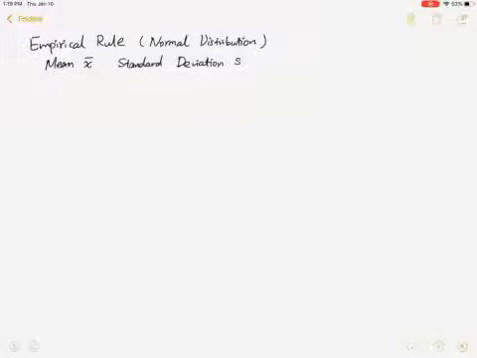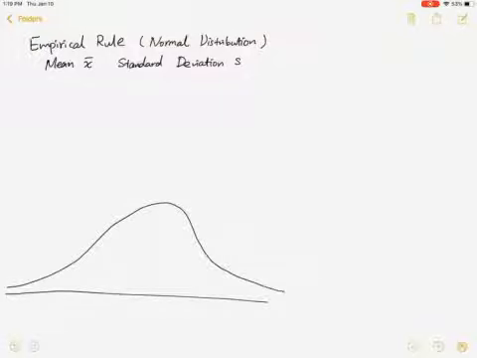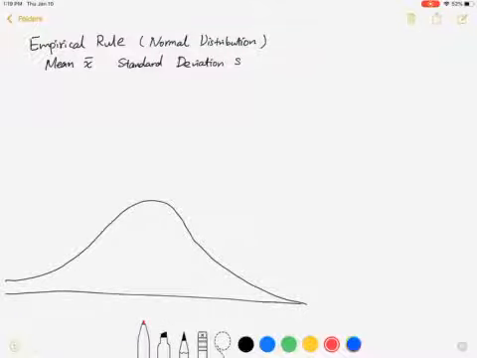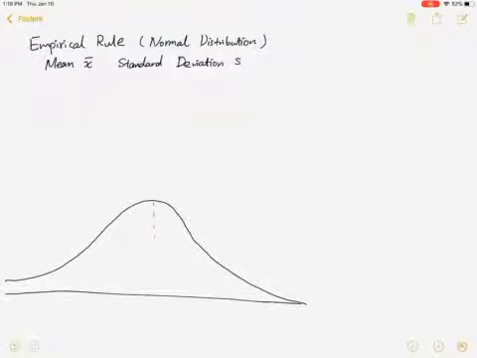So when we're talking about the empirical rule, what we're talking about is if I have a normal curve, a bell curve, nice and symmetric, then in the middle is going to be the mean.